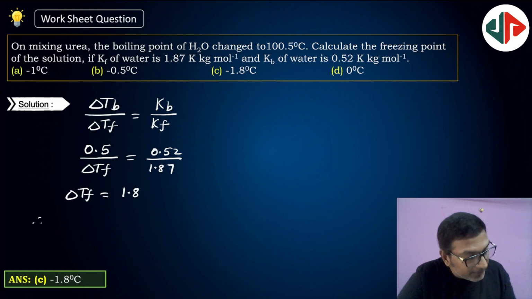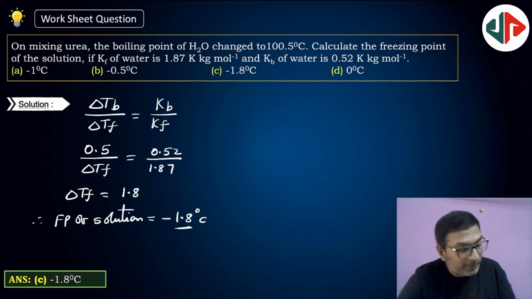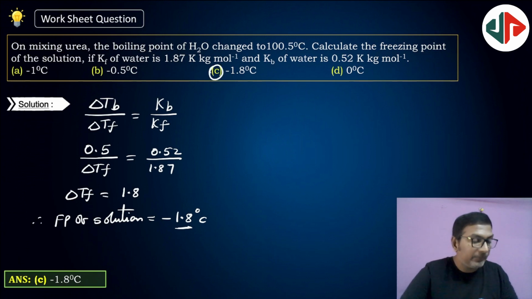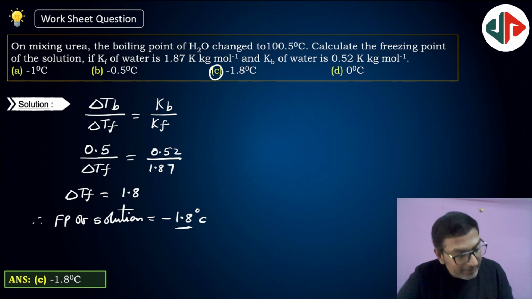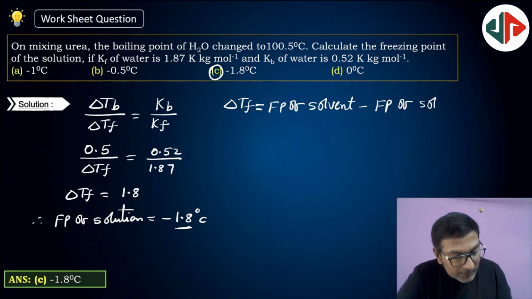So therefore freezing point of solution equal to minus 1.8 degrees centigrade. Therefore option C. So because delta Tf is freezing point of solvent minus freezing point of solution.